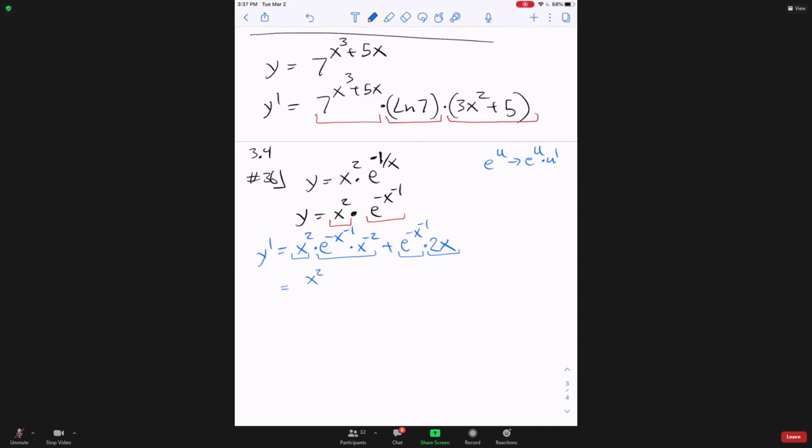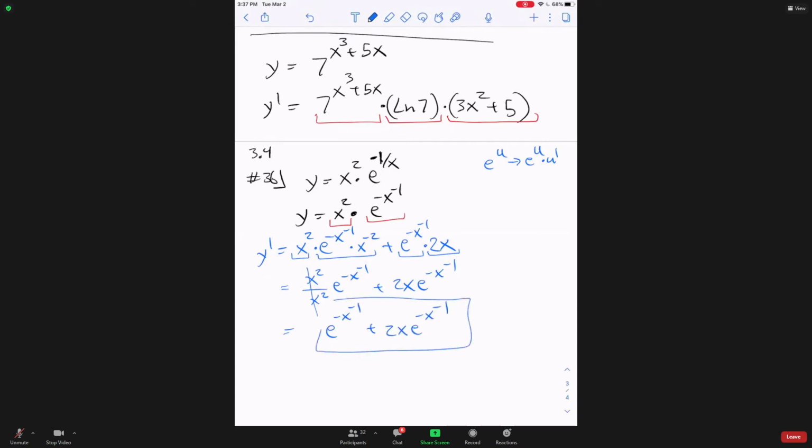So that x to the minus 2, if I drop it to the bottom, becomes x squared, so they actually will cancel out. And you can stop right here.